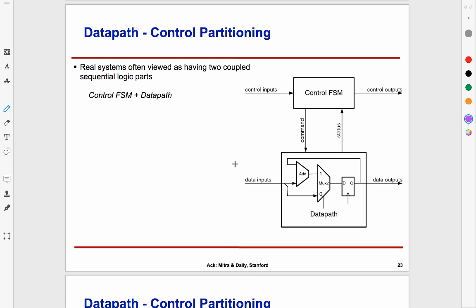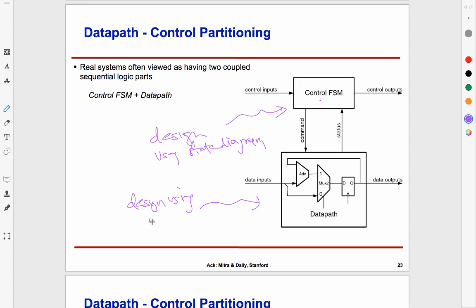So this control FSM is what we design using a state diagram, and this we design using sort of code, if you may, pseudocode type stuff, the operations.